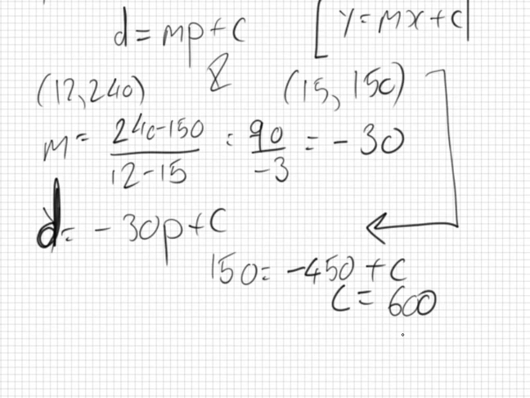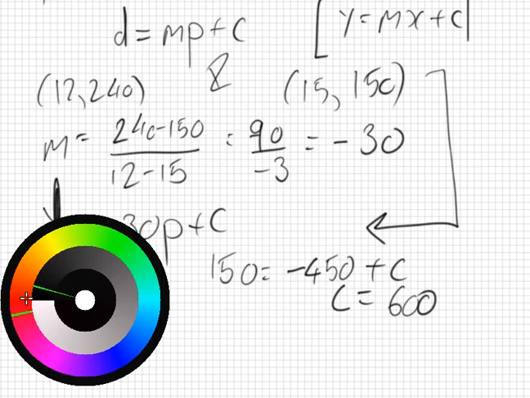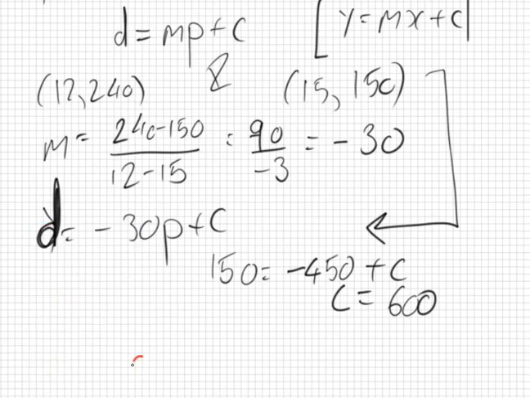Putting the two results together, we get the formula D equals 600 minus 30p. If you choose another point, it doesn't matter. Same answer. So part A, show that D equals 600 minus 30p.